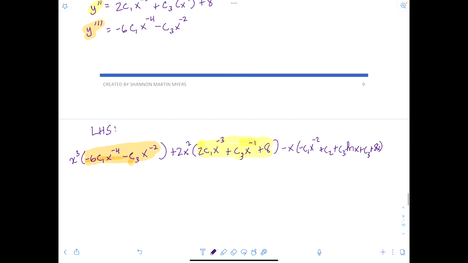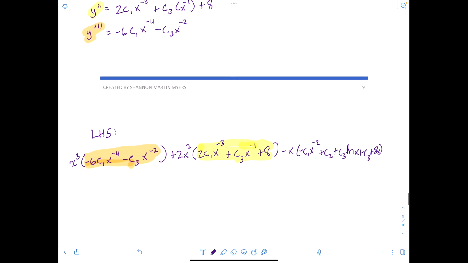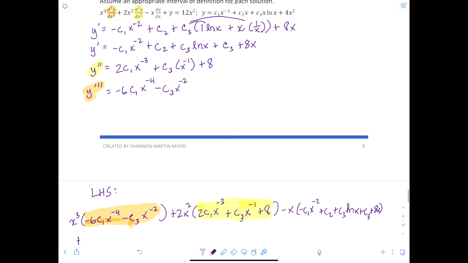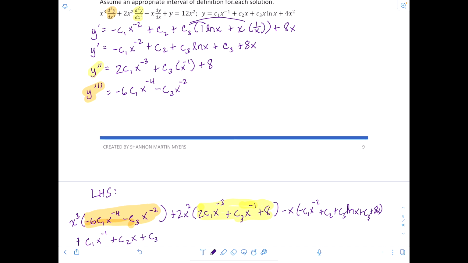And I don't think it's going to end up fitting, so we'll have to do it over here. I'll just say plus y, and y was equal to that original c1x to the negative 1 plus c2x plus c3x times natural log of x, and then plus 4x squared.